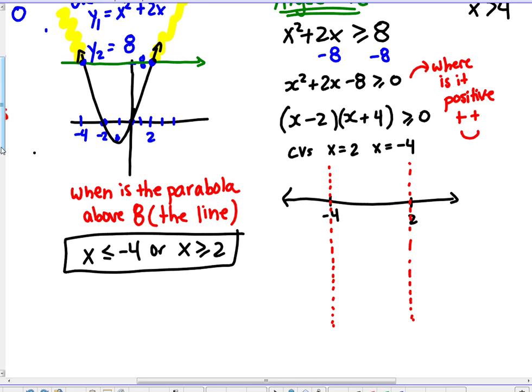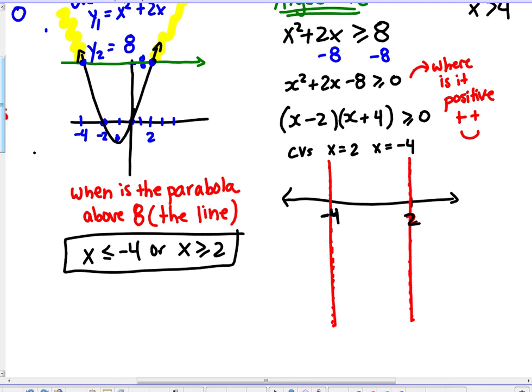You could even, for funsies, because it's an equal to, use a solid line, because then it'll remind your brain, I'm going to have equal to 2 and -4. That's just me being nerdy.